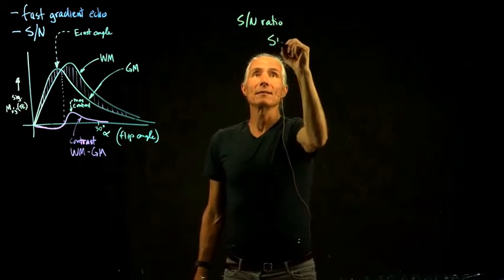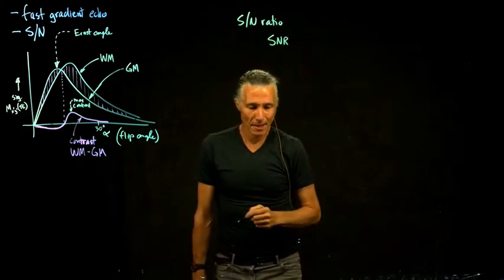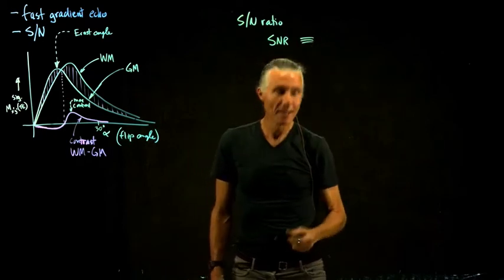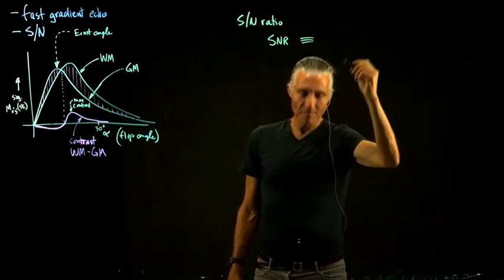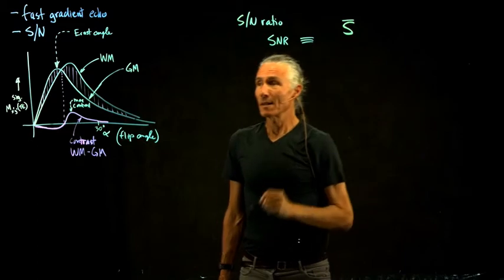So sometimes SNR or S/N. And basically we're just defining that as the average signal. Sometimes we put a dash on top to mean average.